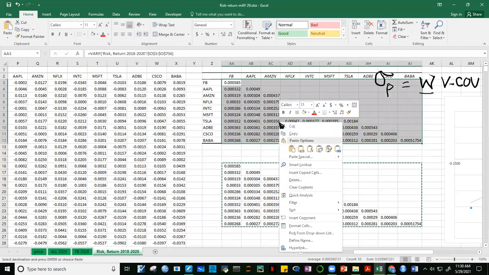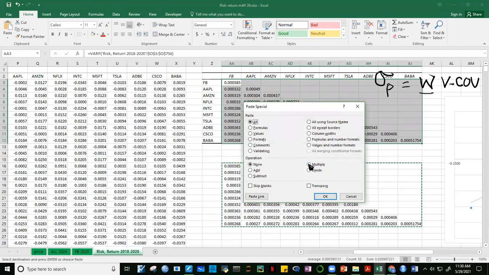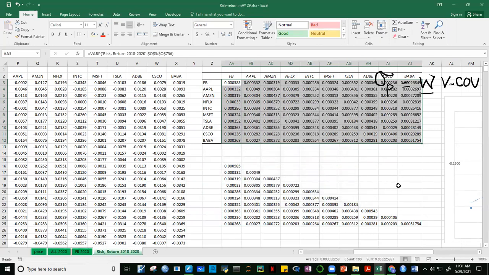Okay, tingnan nyo. Paste special natin. Ano ipe-paste natin? Ita-transpose natin siya. Okay, tapos skip natin yung blanks. Transpose and then skip blanks. So if I click OK, there. Ang bilis, di ba? Nakopy na natin. So transpose siya. Ibig sabihin itong 0.0032, pareho din yan. So kung titignan mo guys yung mga pairs niya, they're all the same.